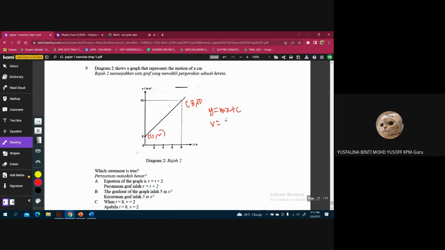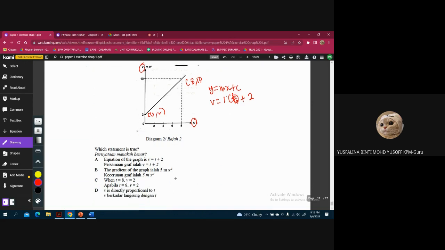So 1, x is t, plus c, c is 2. Sorry, t. S is the unit. Take the physical quantity, not the unit. So the answer is A.